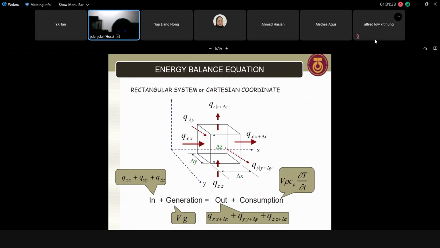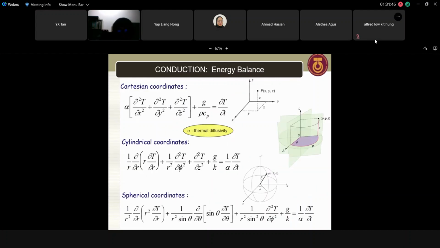Then another equation we refer to is the energy balance equation. We use that for deriving the equation for temperature profile.